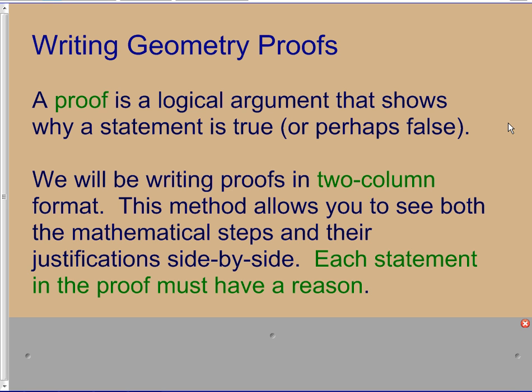And there are some different steps that we need to go through in order to create a well-written and well thought out proof in geometry. And as it says in green, each statement in the proof must have a reason. This needs to be either a definition, postulate, or something that you have learned in geometry.